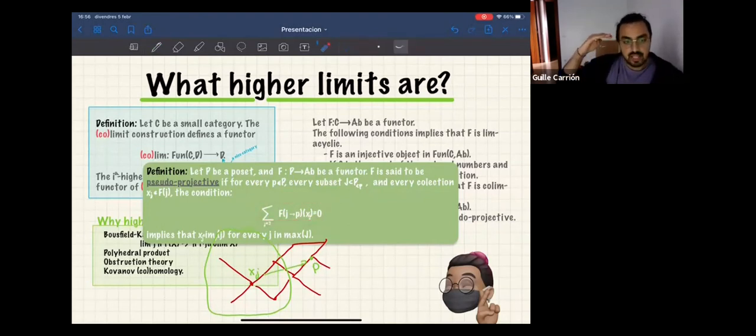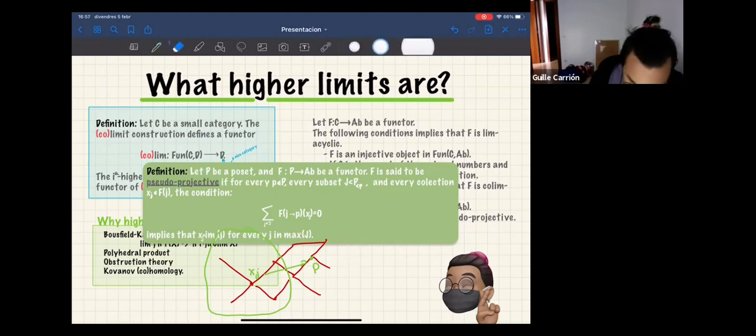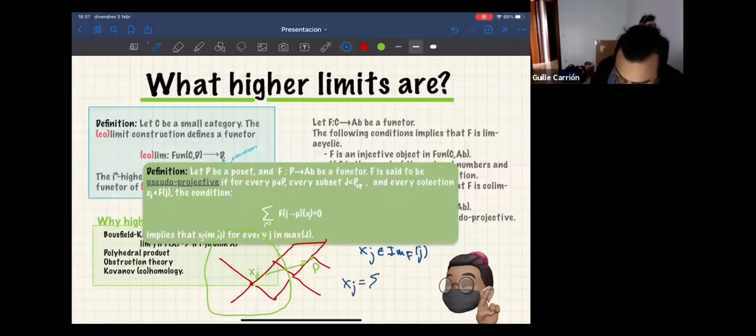Then if F is pseudo-projective, this condition implies that every maximal object is in the image of the functor. That means that Xj is in the image, so Xj is F(i→j)(x_i) for any i.